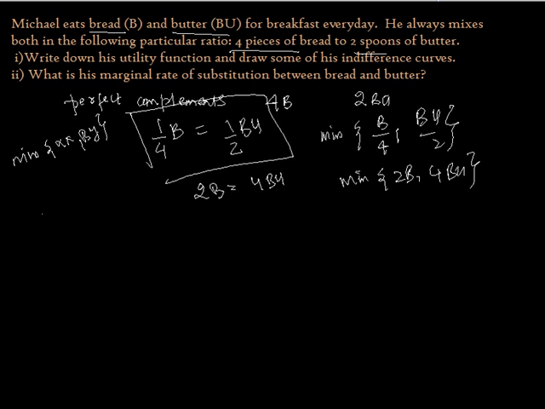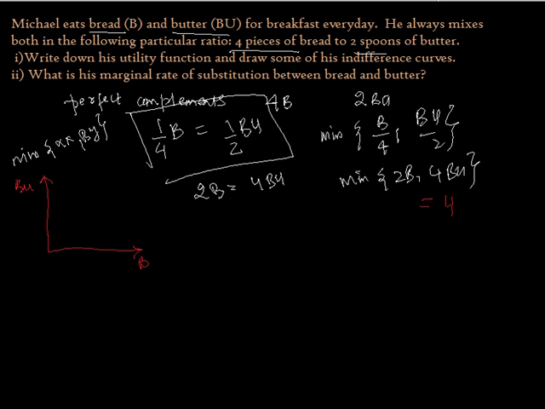Now of course his indifference curves are simple to draw. Those indifference curves would be like this, with bread and butter on the axes, using 2B and 4BU. Let's fix the utility at 4, because on an indifference curve all the points give you equal utility.